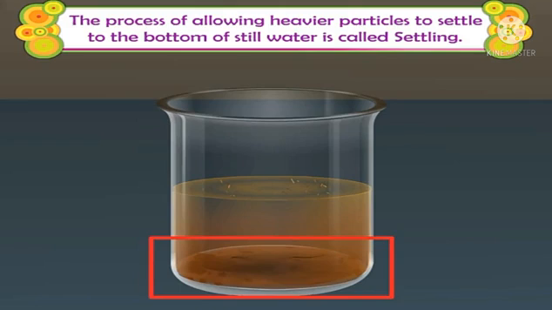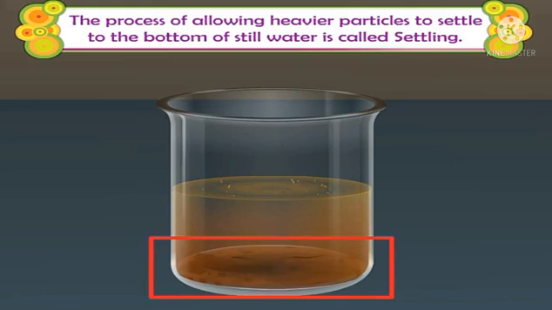What does this tell us, students? Particles of soil are heavier than water. But because they are very small, they take a long time to settle to the bottom of the water.